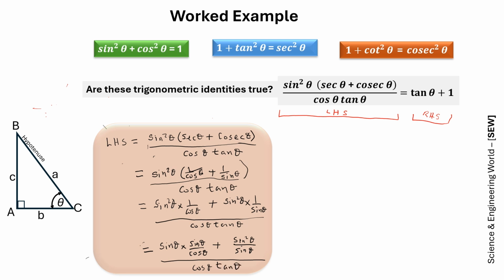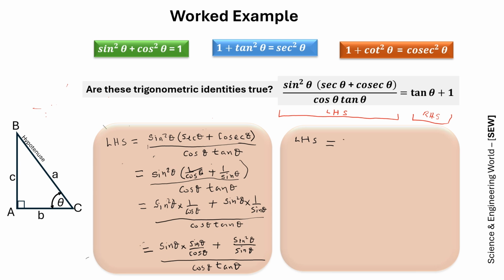Okay, now the next stage. Again, we are still on the left hand side. We are bringing that down. If you look at the numerator here, the first term is sine theta times sine theta over cos theta. Sine theta over cos theta is tan theta.